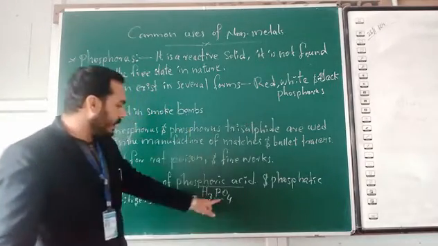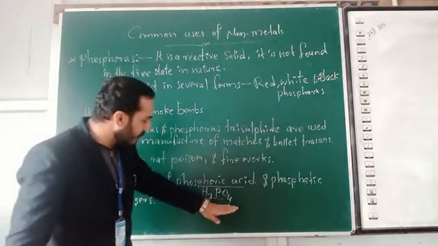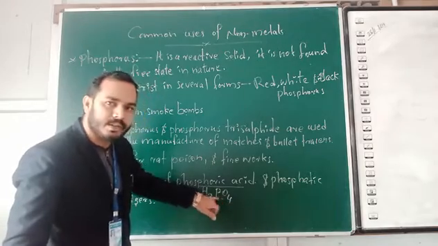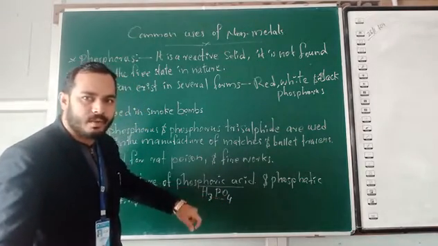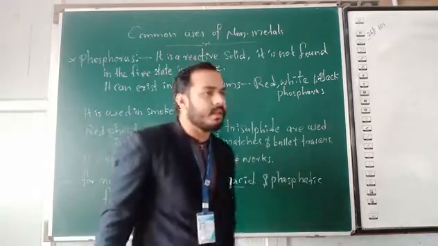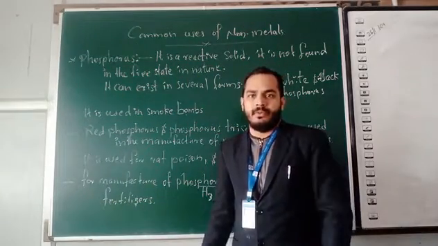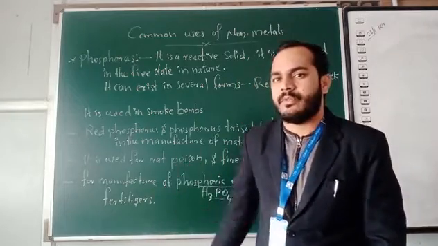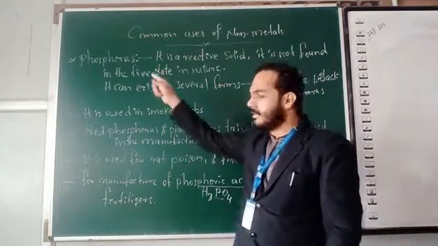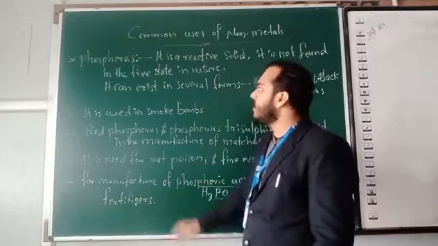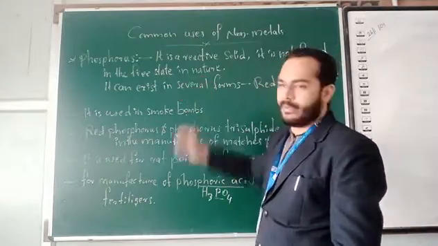H3PO4, where P is phosphorus. So phosphorus is compulsory for manufacturing phosphoric acid. And next, phosphatic fertilizer. For manufacturing phosphatic fertilizer, phosphorus is also compulsory. So these are the main uses of phosphorus.